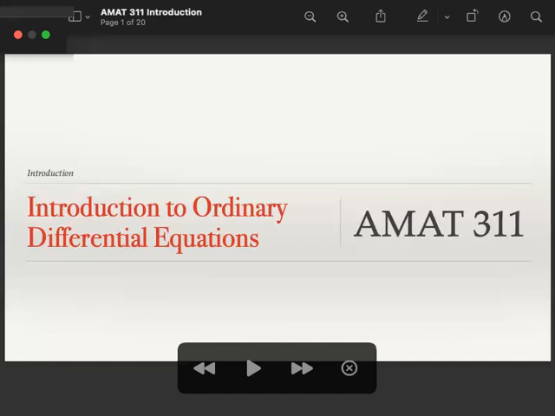So the first topic in the course will be an introduction, the definition of an ordinary differential equation, the classification of ordinary differential equations, and there are 3 main criteria used in practice. Ordinary differential equations are classified into linear equations versus nonlinear equations.